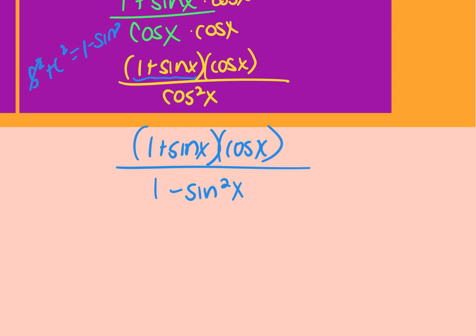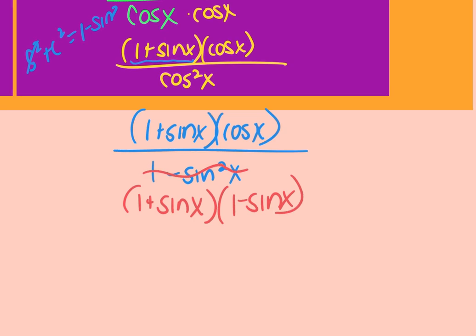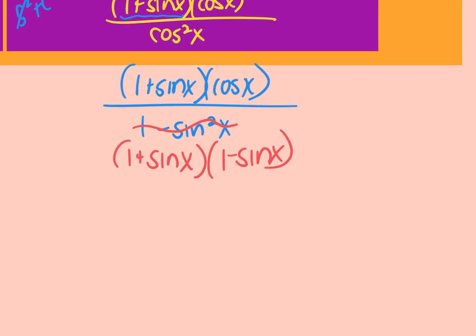That can get factored into 1 plus sine of x and 1 minus sine of x. And then I can cancel through the 1 plus sines. And what's left is cosine of x over 1 minus sine of x.